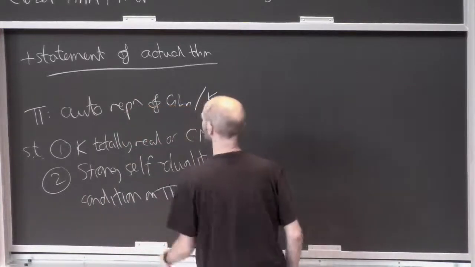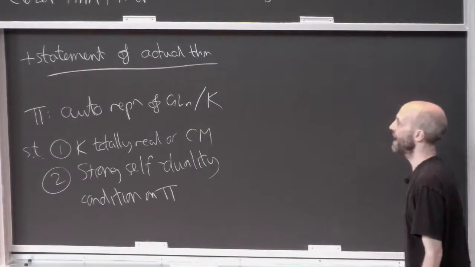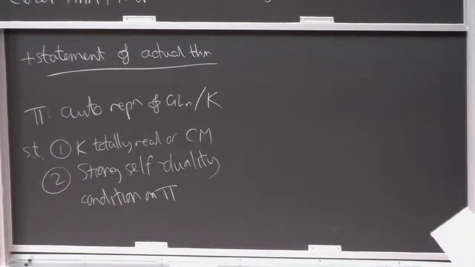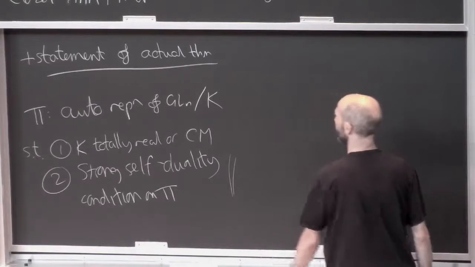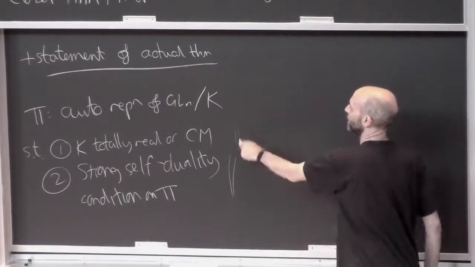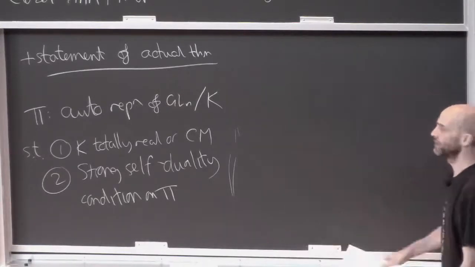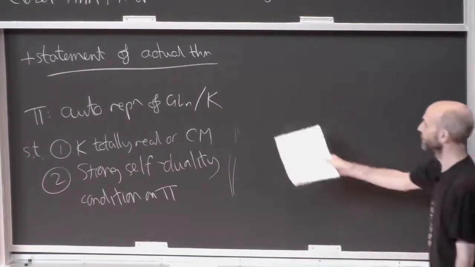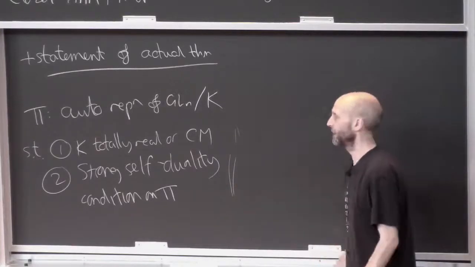On pi, which is not going to be satisfied by a random pi, but the methods of the paper, you were kind of stuck with this. So both of these are very strong conditions, because what percentage of number fields are totally real or CM? 0, and what percentage of automorphic representations have got this duality condition?